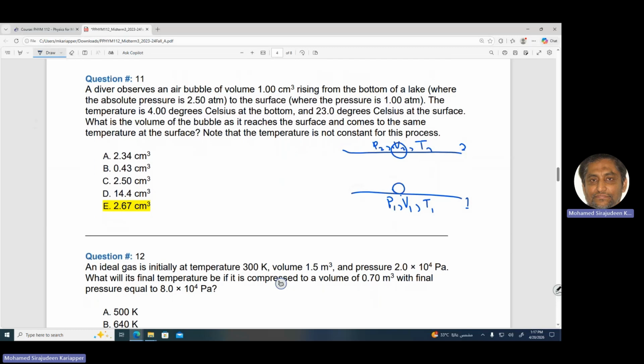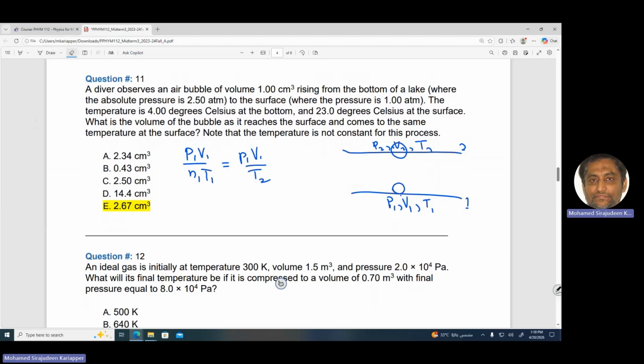And then we will apply the equation, which is the most general form. You cannot go wrong when you write this. This is always correct because you know this is equal to a constant, which is the R. Hope you are getting the point. This is also R, if it is an ideal gas.